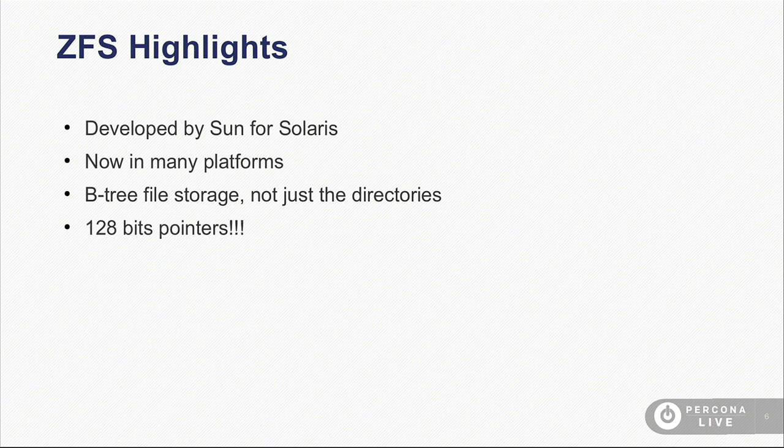One thing crazy about ZFS, it uses 128-bit pointers. You have to realize that 64 bits give you 16 exabytes. Have you ever seen a file system of 1 exabyte? I've never done. On a single physical server, it's crazy, but ZFS can do that squared, so much larger.